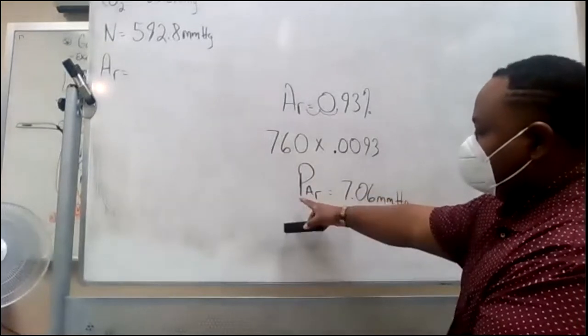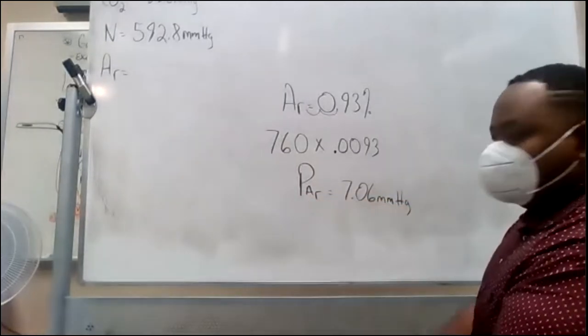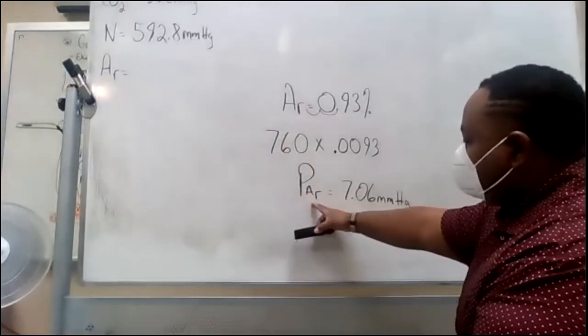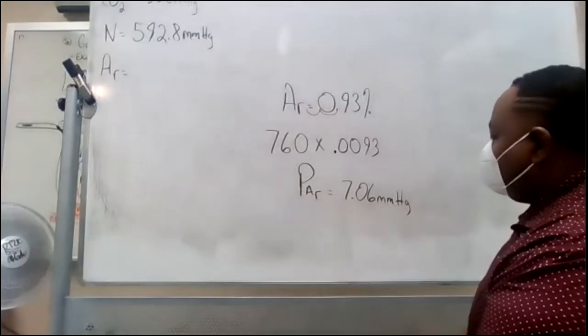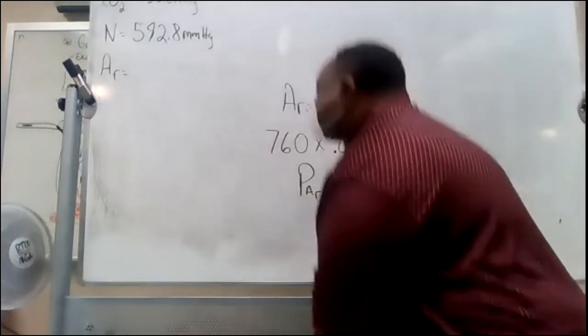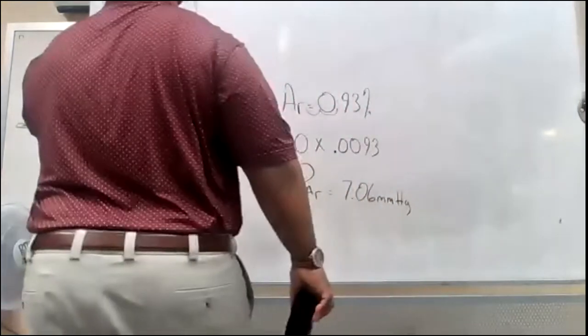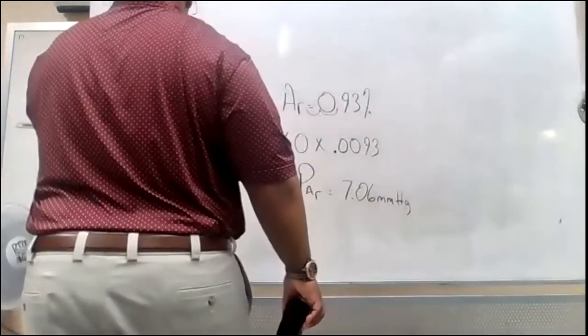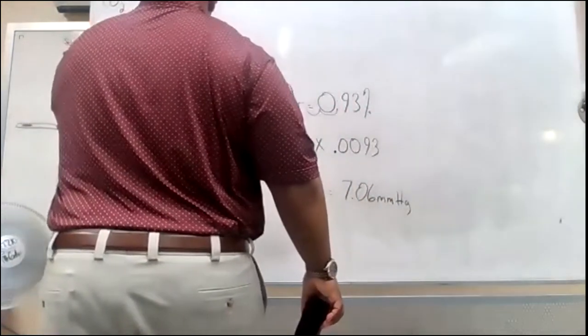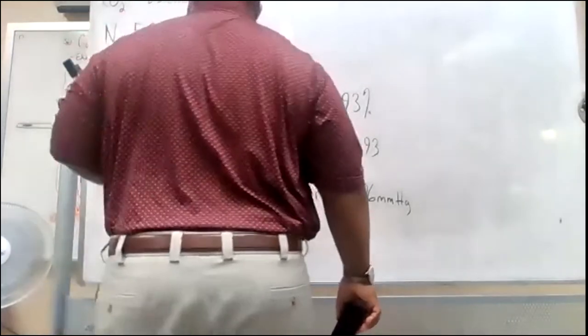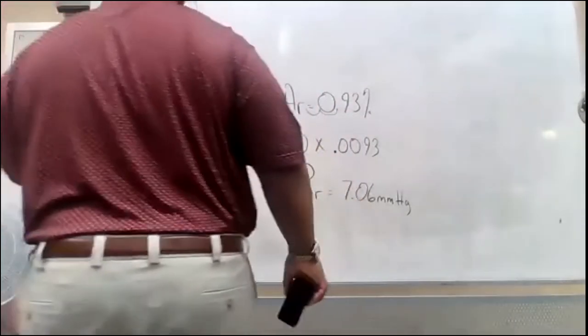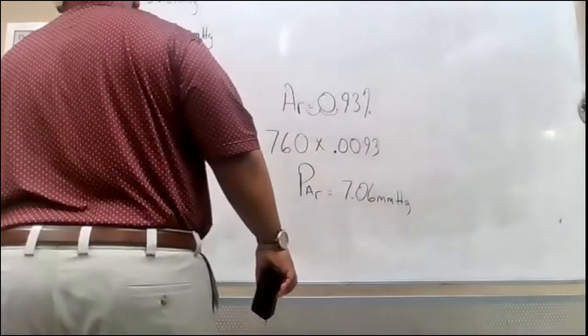That's the pressure of argon. So the pressure of argon is 7.06 millimeters of mercury. And then, of course, trace gases.